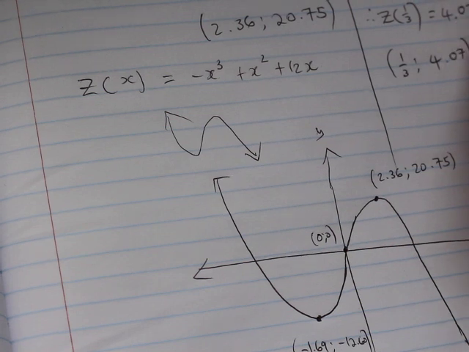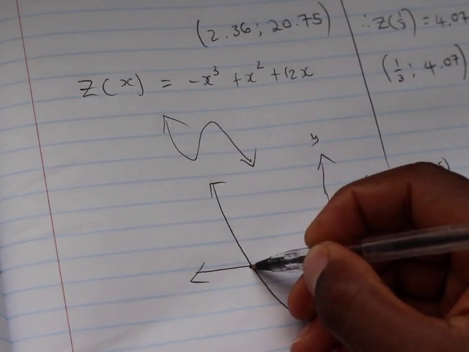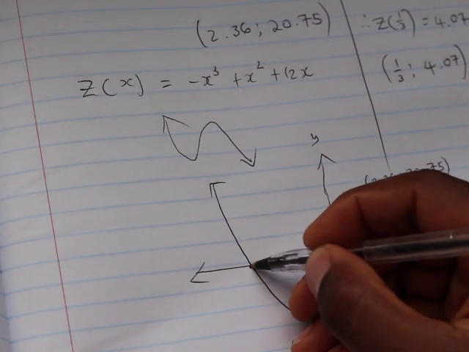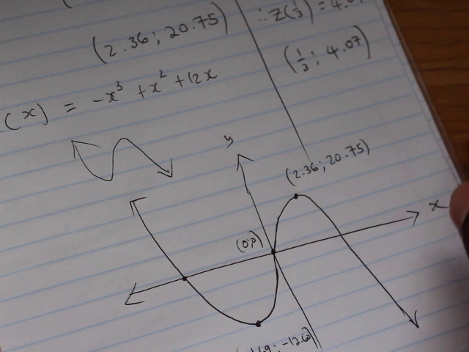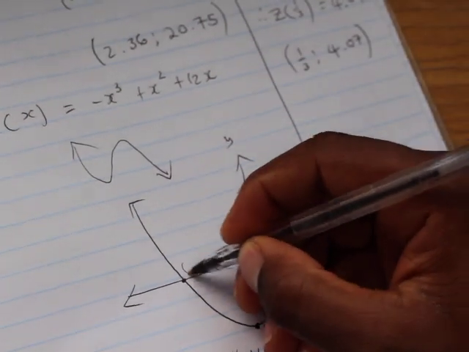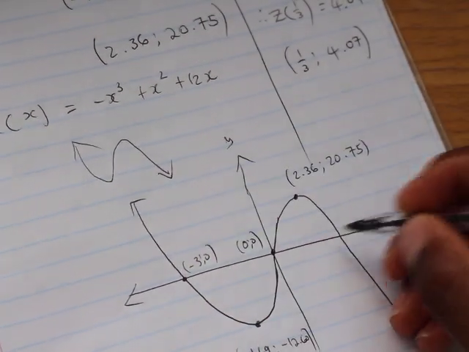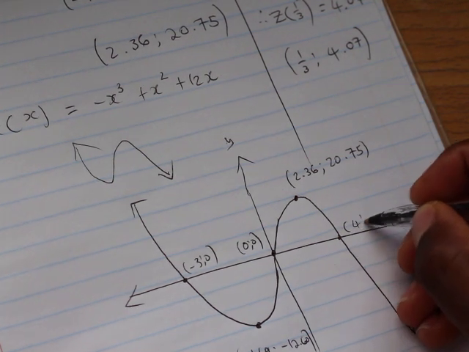So now the x-intercepts, remember we had how many x-intercepts? 3 of them. So minus 3 is to 0, 4 is to 0. So definitely this one it's minus 3 is to 0. And this one it's 4 is to 0.